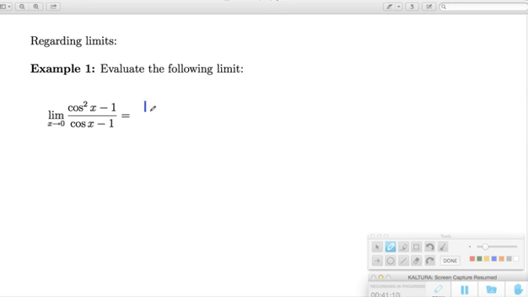This is going to be equivalent to the limit as x approaches 0. Now remember when they write cosine squared like that, what they really mean is cosine of x whole thing squared. Putting the 2 near the cos is just a convenience thing. It really means that the whole thing is being squared. So what you really have in the numerator here is a difference of perfect squares.